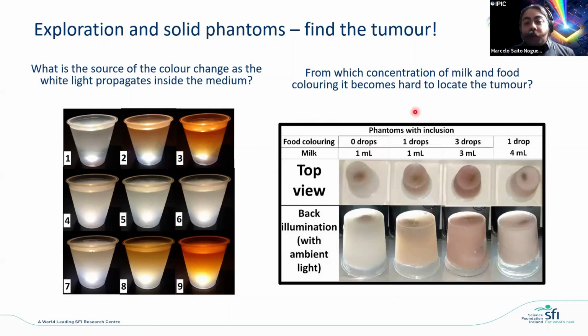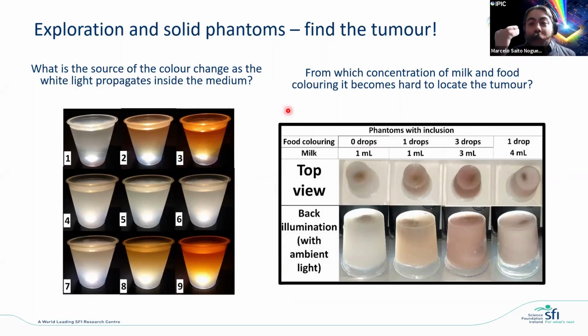And you can do a similar experiment as Sanatana was showing to you yesterday. You can see if you can find the tumor inside your phantom. You can see the shadows of it, in a medium with just absorption or just scattering or a mix of the two.